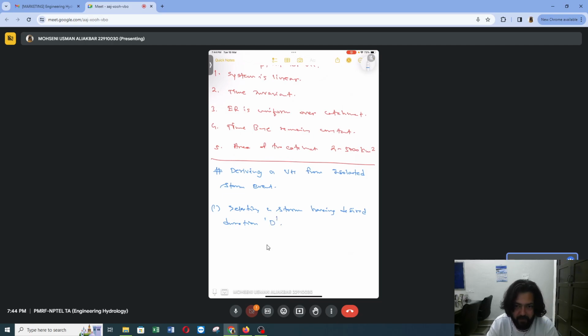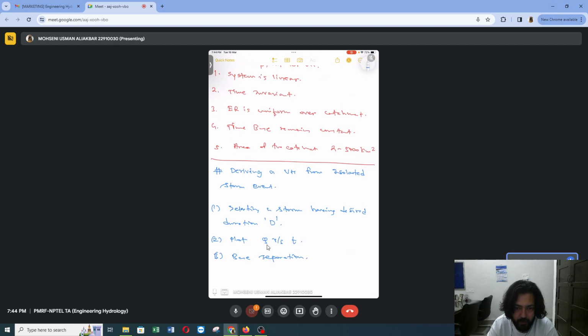If we have a storm and we know its duration, then we can proceed with deriving a unit hydrograph for that storm. The second step is to plot the Q versus time curve, that is the discharge versus time curve for that storm. The third step is base separation. What we are doing here is separating the base flow contribution to that runoff.